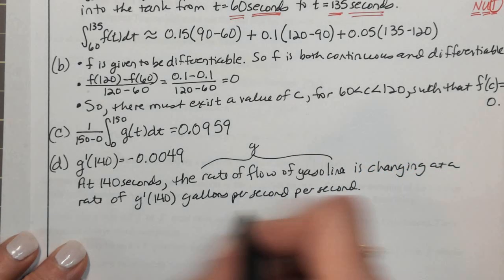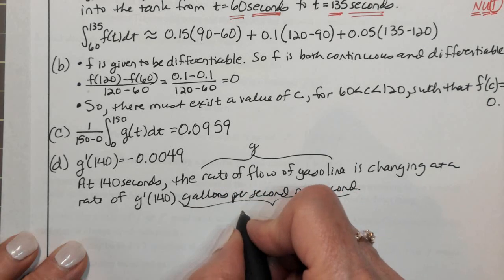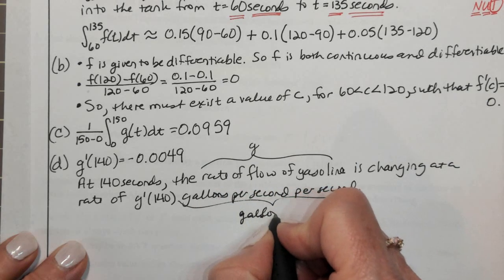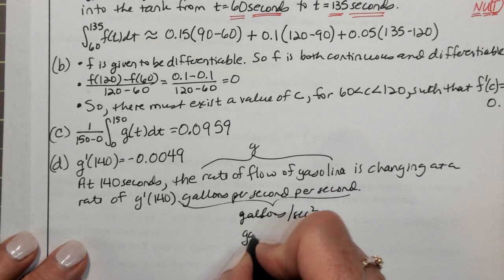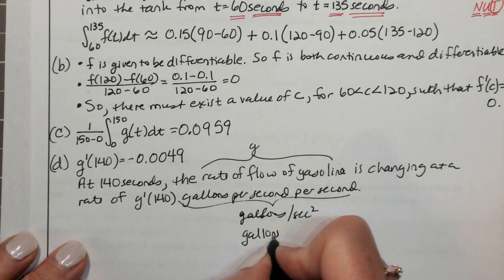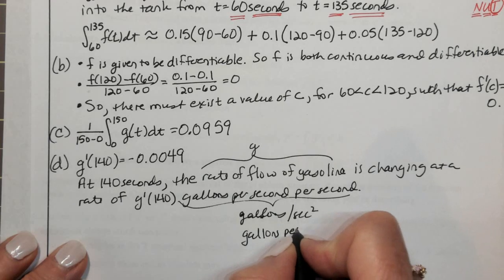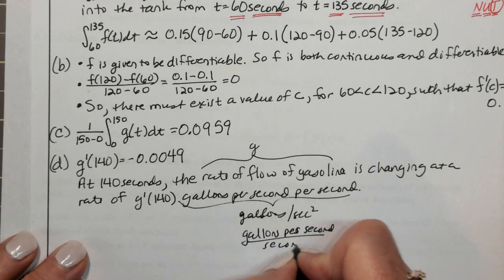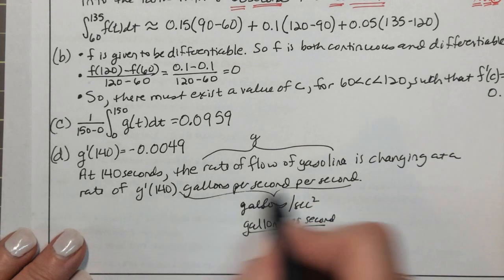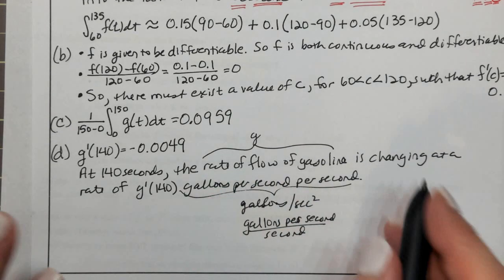Okay? You could write that again as gallons per second squared if you want. You can write it as gallons per second over seconds if you want to. There are a couple of different ways that you could write that, but it needs to be there.